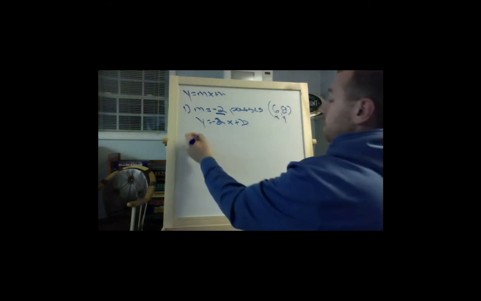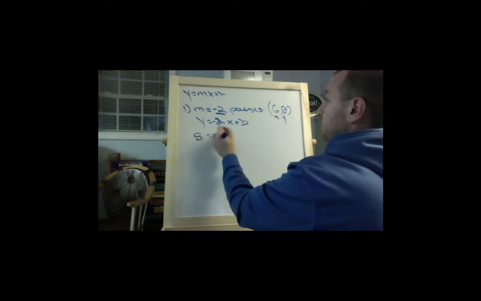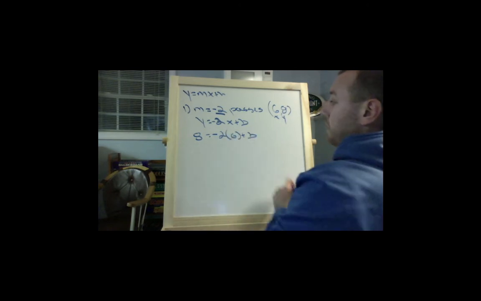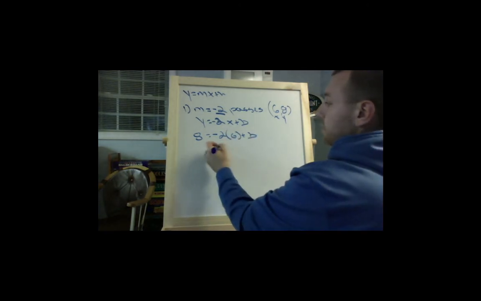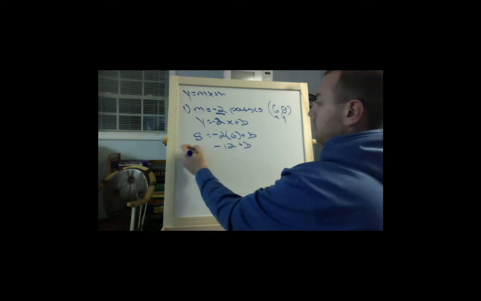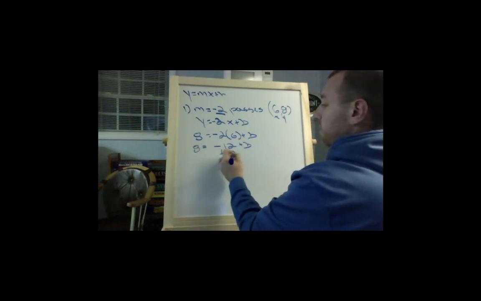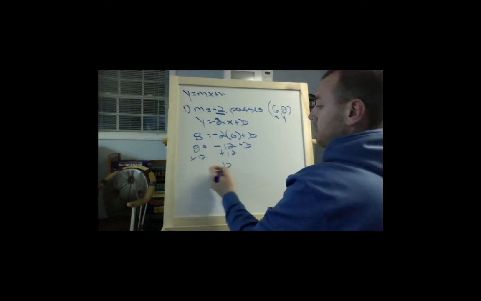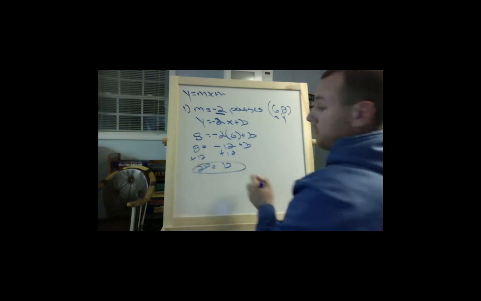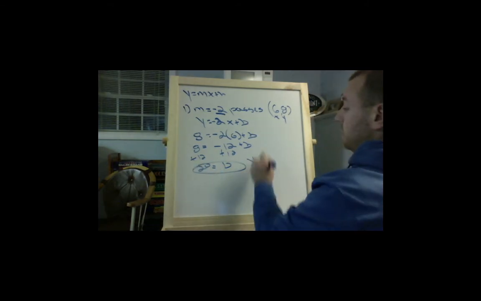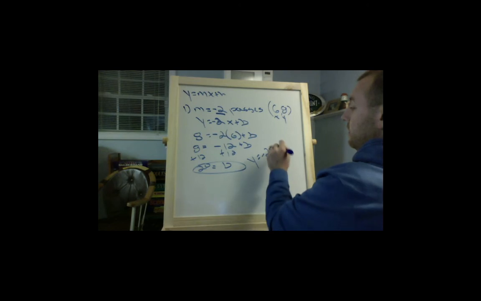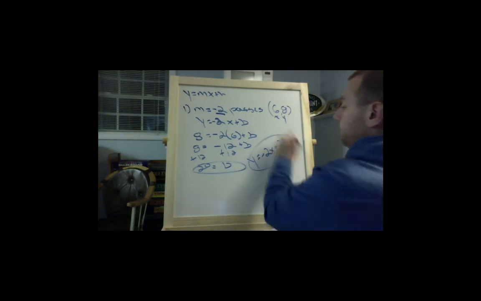So I would do 8 equals -2 times 6 plus b. -2 times 6 is -12. Add 12 to both sides. B equals 20. So now my equation is y equals -2x plus 20.